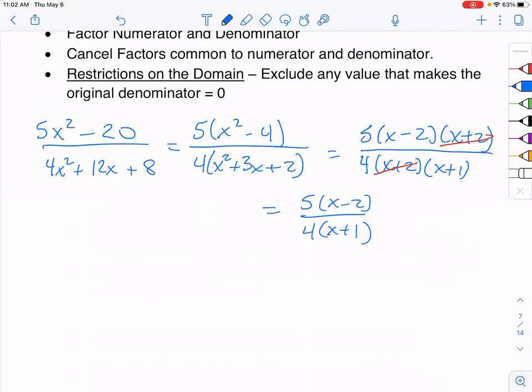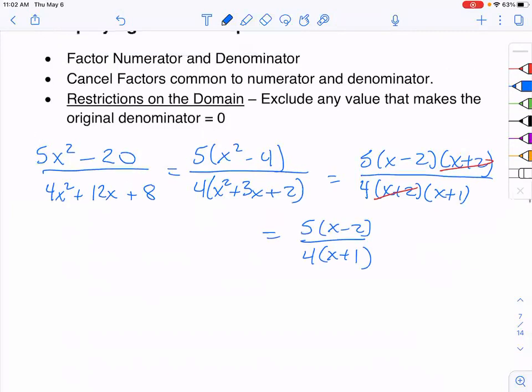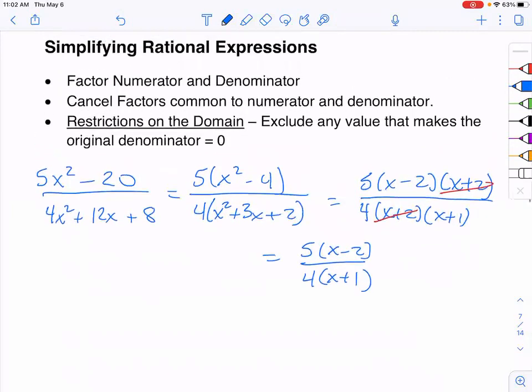So we factored the numerator and the denominator. We canceled what's common on top and bottom. Restrictions on the domain. What do I mean by that? Remember when we were talking about the graphs, we said you can't have a 0 in the denominator. In these expressions, we can't have a 0 in the denominator. So we have to look at the denominator and see what would make it 0.